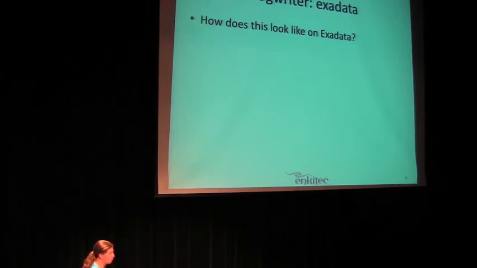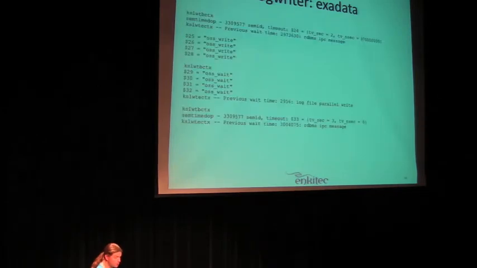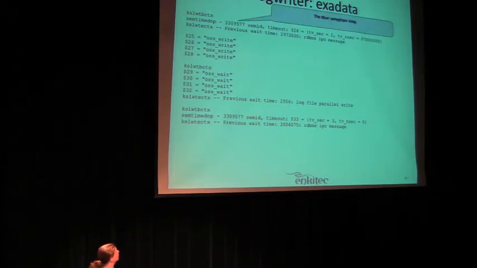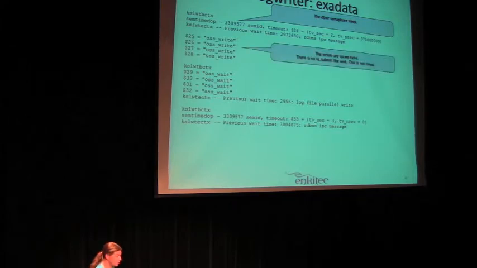Another interesting thing: how would this look on Exadata? Well, this is how it looks on Exadata. The log writer still waits for a semaphore timed operation, and the I/O submit part, if you would like to call it that on Exadata, is called OSS write, for Oracle storage server write, and it will signal the write to the cells.